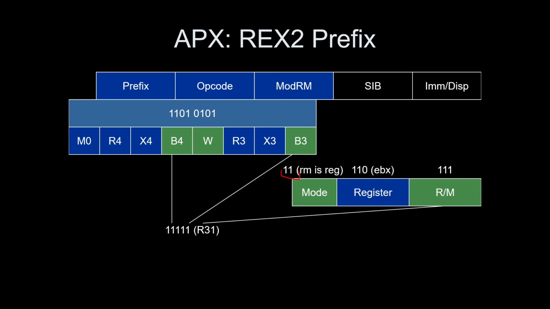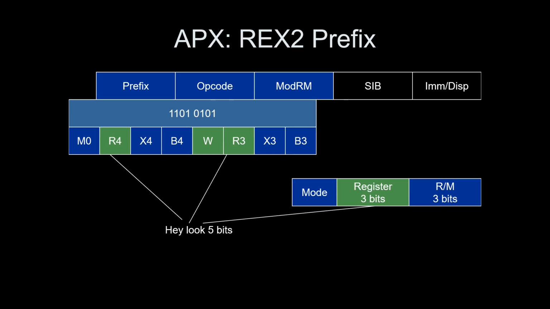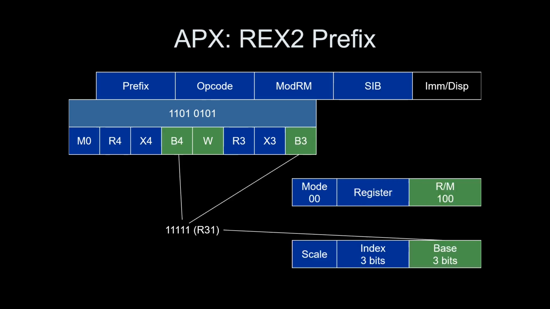So then we can combine the 2 fields in the REX2 prefix. These are the 3rd bit and the 4th bit, so counting from 0. If you're counting from 1, this is the 4th bit and this is the 5th bit. Combine those with the RM field, and then you get 5 bits. You can do exactly the same thing with the register field, with these R fields, and again you get 5 bits to address registers with.